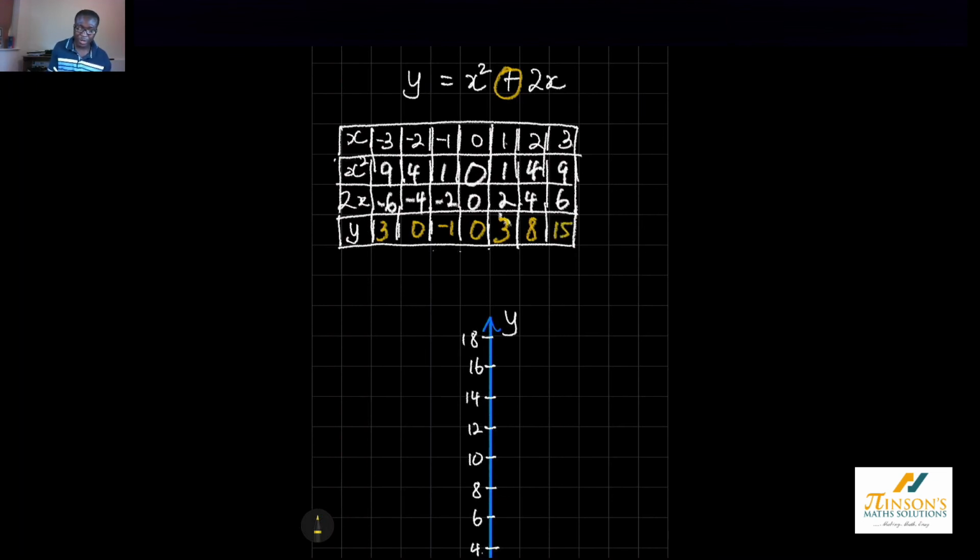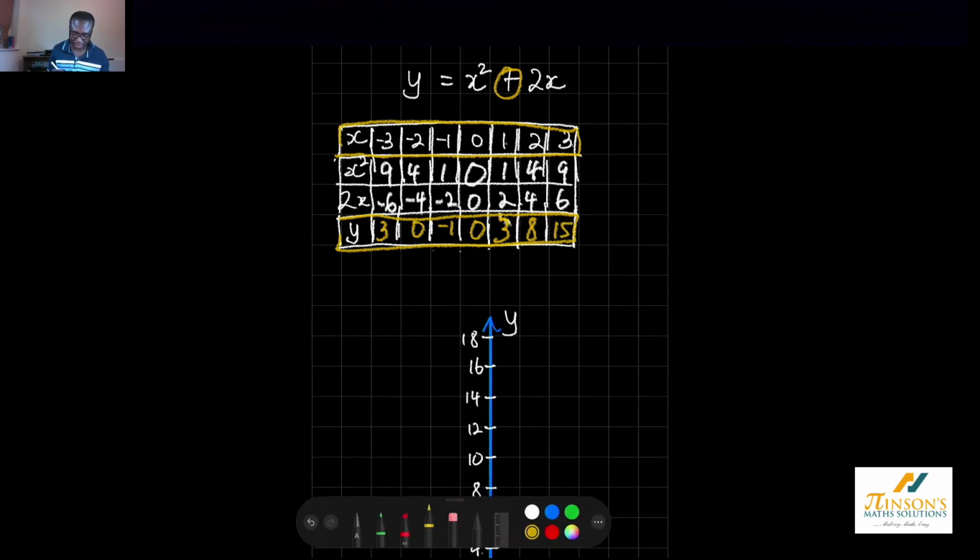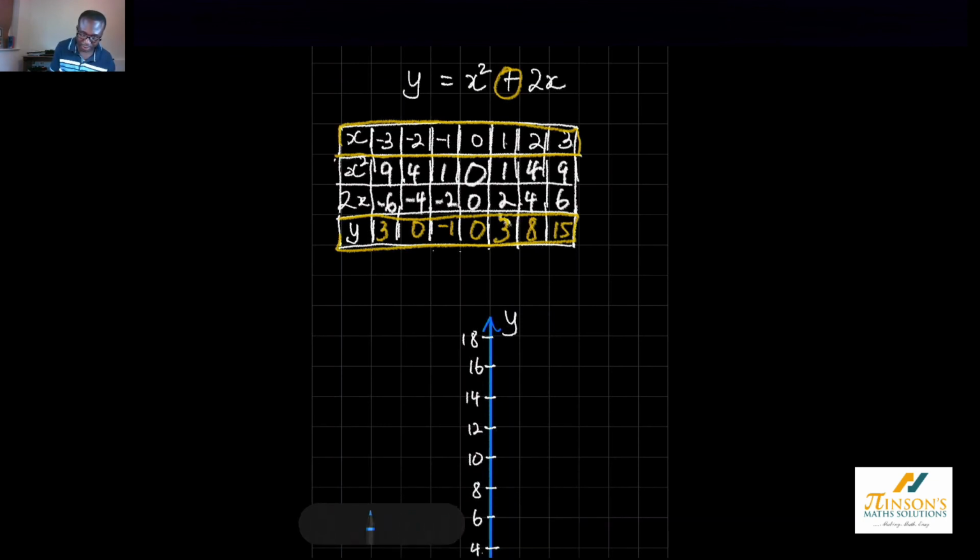So now we are interested in the x values, which are highlighted in yellow for us, and the y values. Those will be our coordinates. So like we did previously, we're going to try and write our coordinates down. Okay, so the first coordinate we've got is minus 3, 3: minus 3 along the corridor, 3 up the stairs.